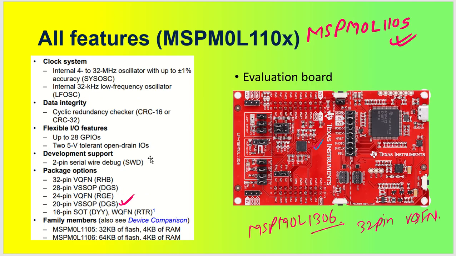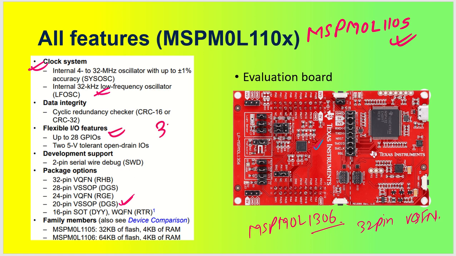Let us talk about more. We have an internal clock, so for the clocking system you don't have to utilize an external crystal or something like that. It has an internal built-in oscillator, and it also has an internal LFOSC, that is a low frequency oscillator, for your RTC timing. It has CRC built in, so that's not an issue. It can give you up to 28 GPIOs.